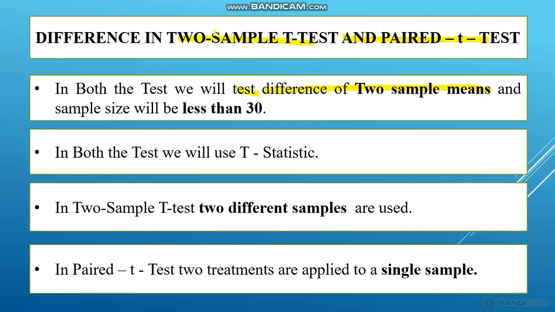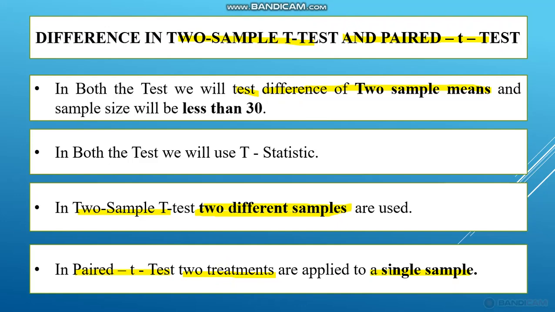In the two sample t test we test the difference of two sample means, and in the paired test also we test the difference of two sample means. But the difference is, in the two sample t test we will have two different samples, whereas in the paired test we will have only a single sample, but we will apply two treatments.